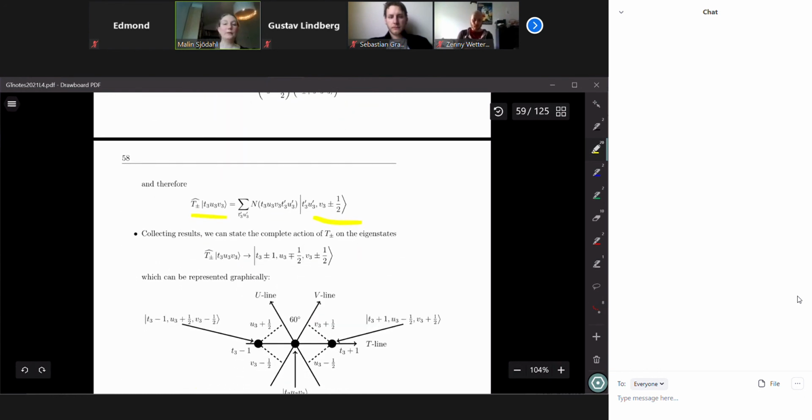Putting all that together, we can find the overall change of the state when we act on it by T hat. So T is increased or decreased as expected, but actually also U is changing when acting with T hat, and V is changing when acting with T hat. This we can explore graphically.